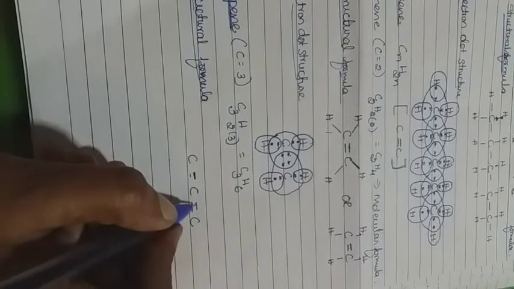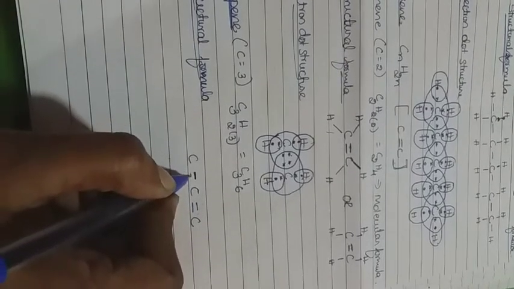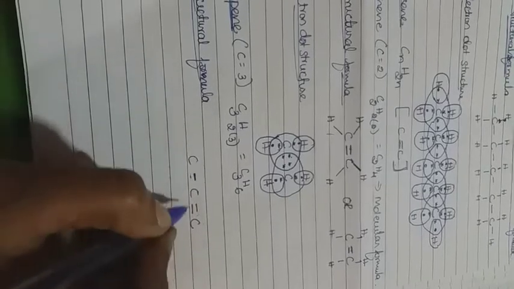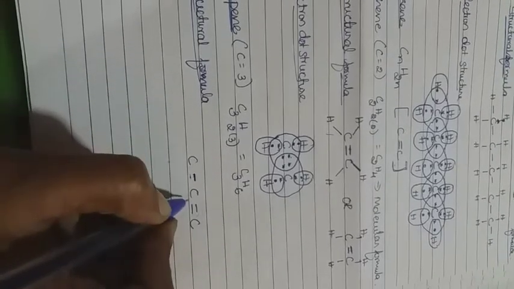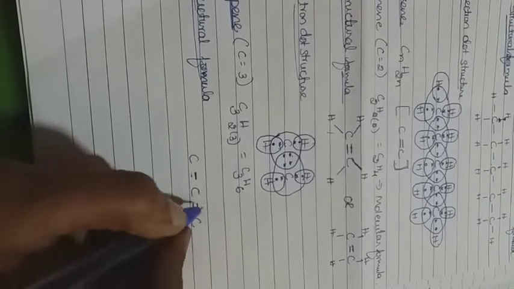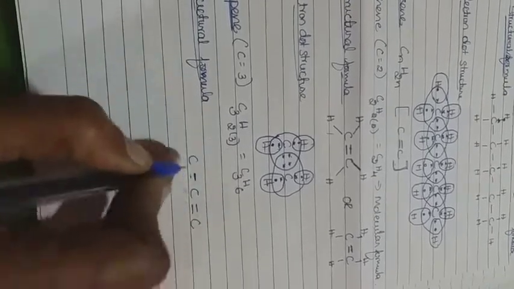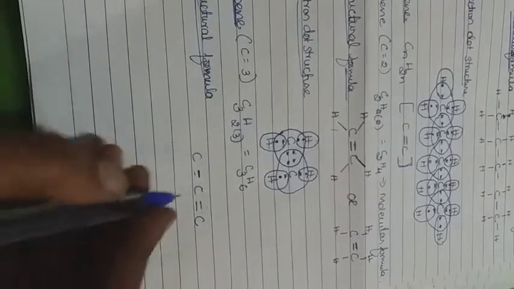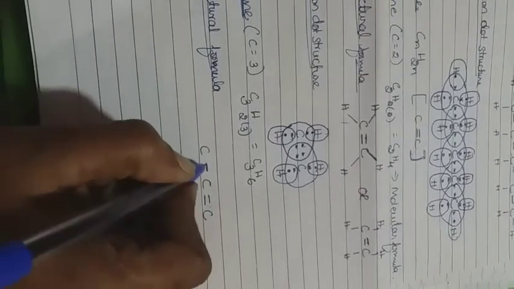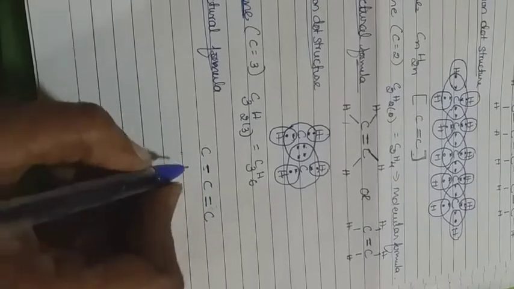Understood? If you put it here, 2 are already there, and the remaining 2 here, and around this 4 are already there, so there is no need to put another bond, and here 2. So the hydrogen would become only 4, not 6. Okay, so this is only a single bond, and here it is a double bond.